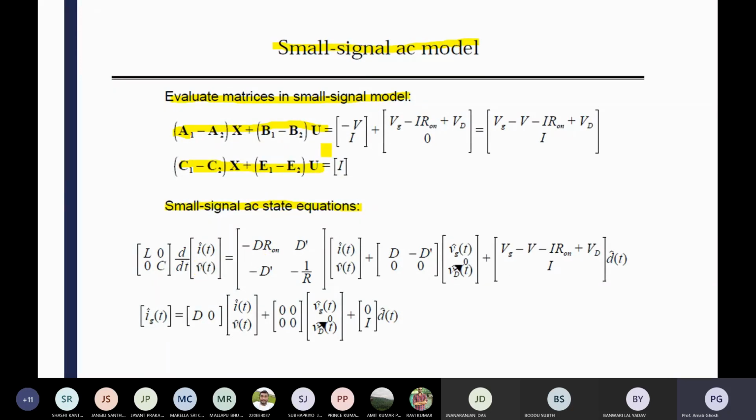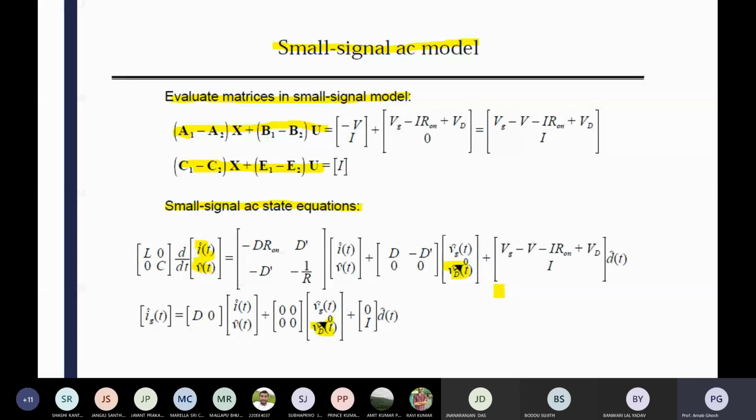Again you are using the cap notation. Cap means you have to consider small AC variation values. Here VD cap is considered as 0 because it is the diode forward voltage drop, which is a fixed value, so there is no variation of VD. If you make it 0, the calculation will be quite simplified from your side.